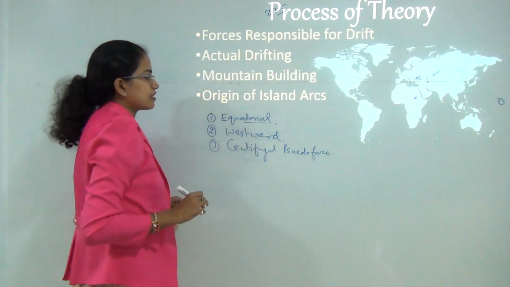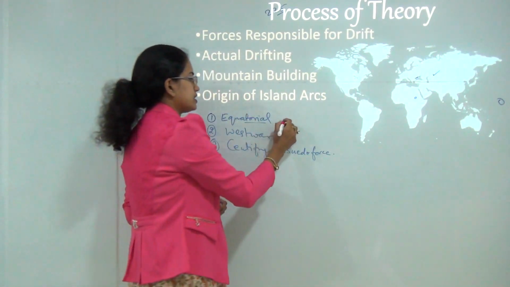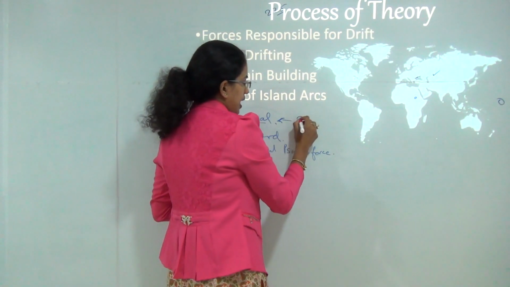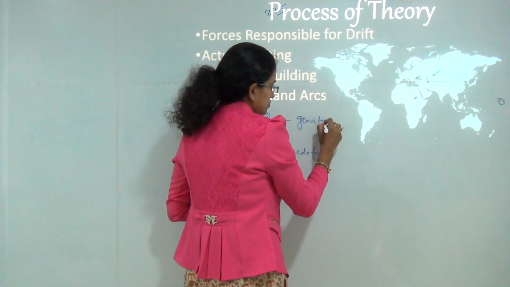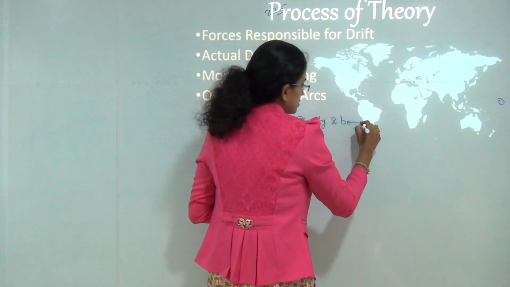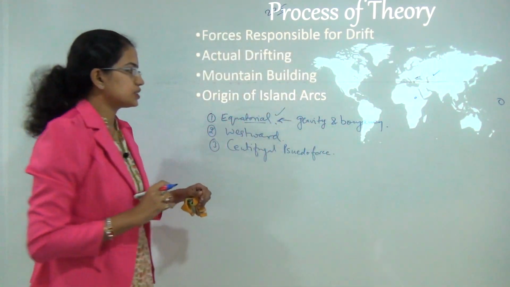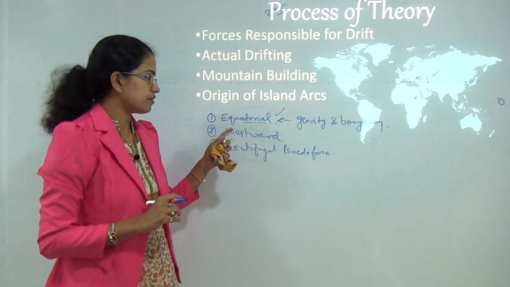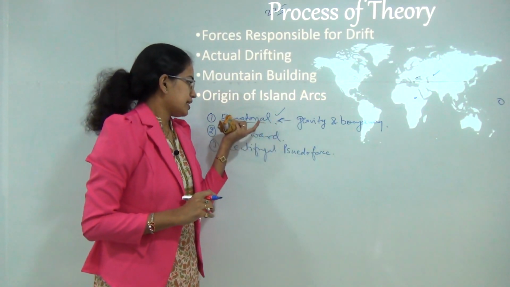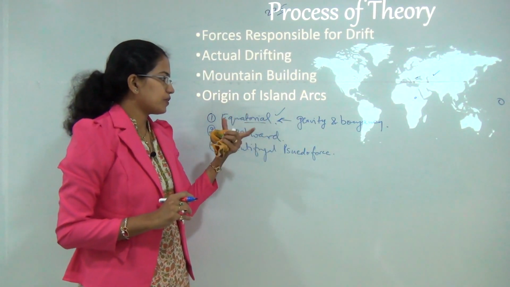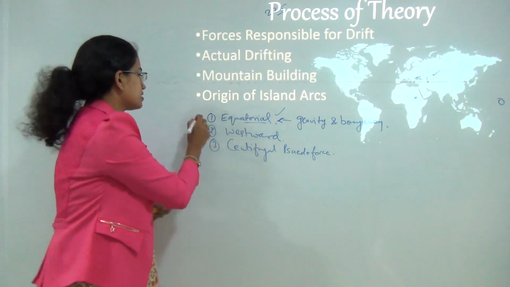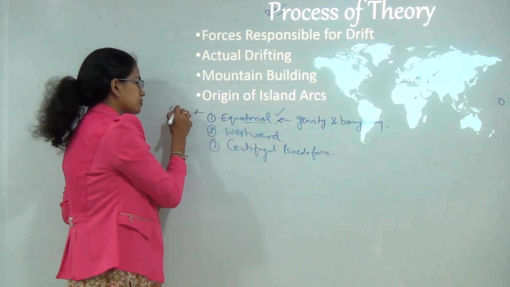So to explain the equatorial drift, he said that gravity and buoyancy are the main reasons because of which there is equatorial drift, and he explained the drifting by means of Sial floats over Sima.